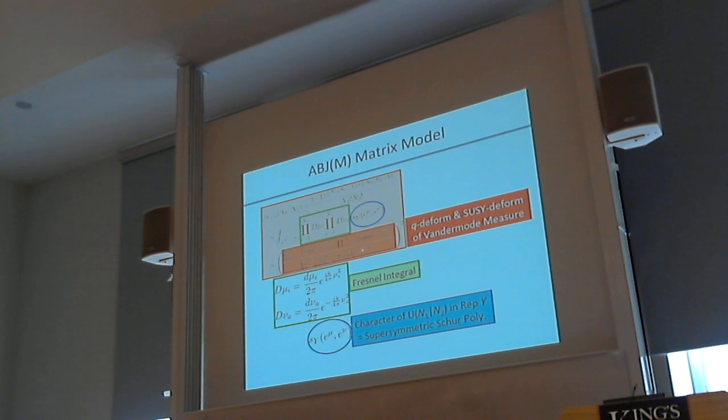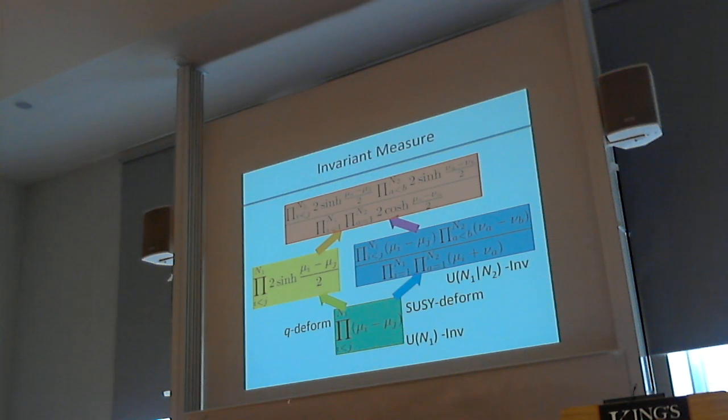For this part, it's basically the Vandermonde measure, but it has two kinds of deformation, q-deformation and supersymmetric deformation. More explicitly, we start with the Vandermonde measure, which is the U(N1) invariant measure. On one hand, you can do the q-deformation by replacing the rational function with a trigonometric function. On the other hand, you replace the U(N1) invariant measure by the supergroup U(N1|N2) invariant measure. And if you do these two kinds of deformations simultaneously, then you obtain this measure.